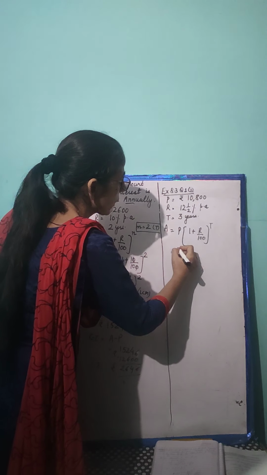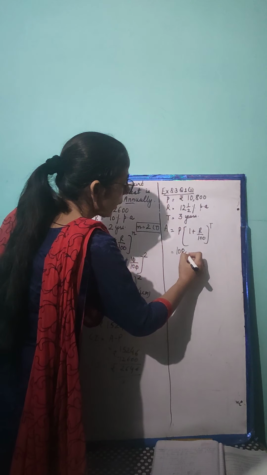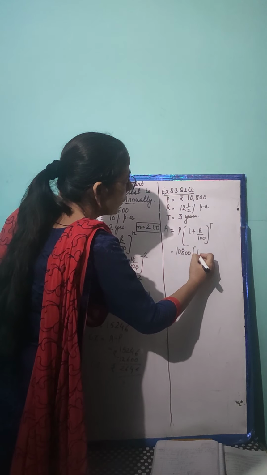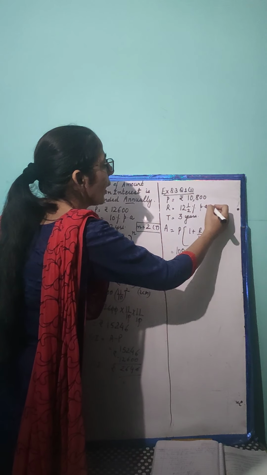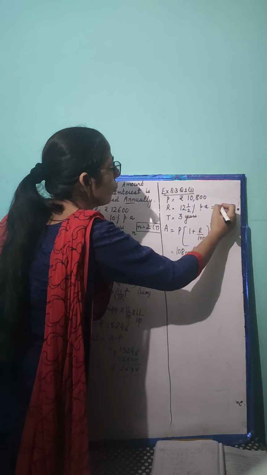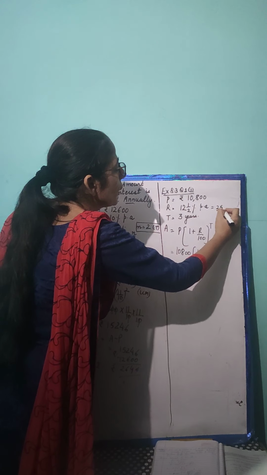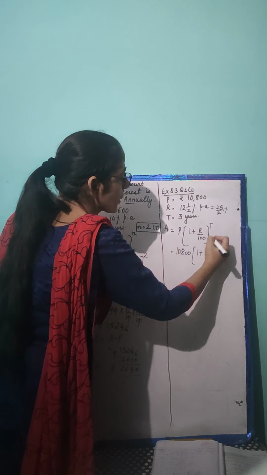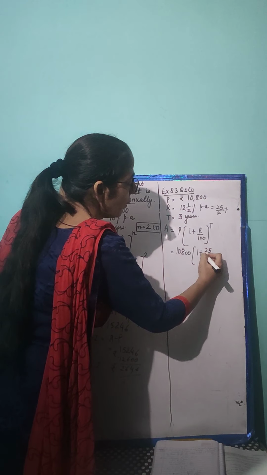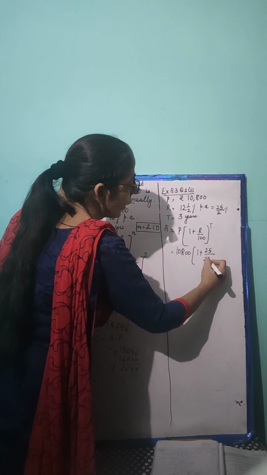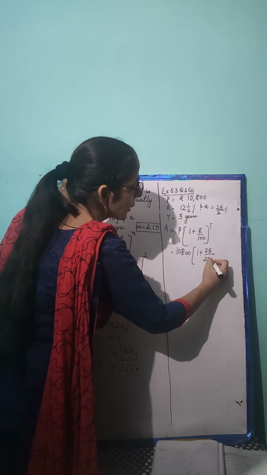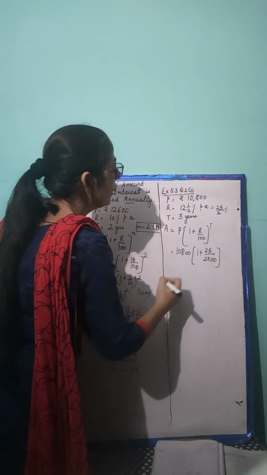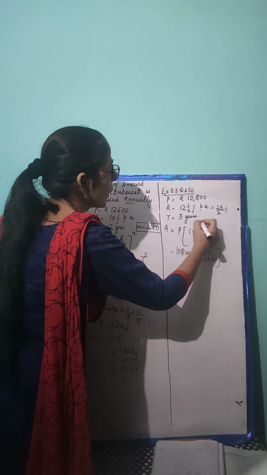So P is 10,800. 1 plus, the rate is in fraction, 12 twos are 24 and 1, 25 by 2%. 25 by 2, and remove the sign of percent, so 100 will be there. And what is the time here?